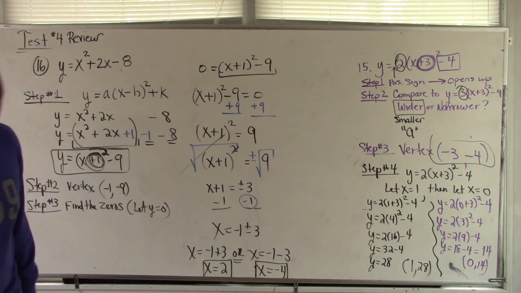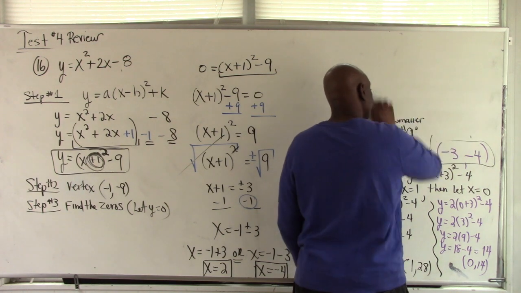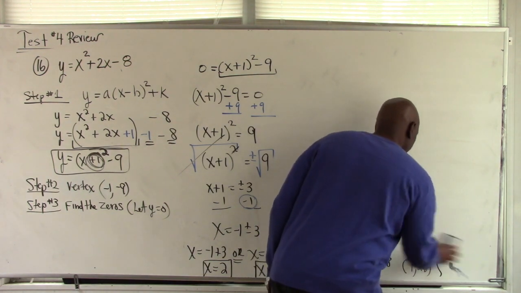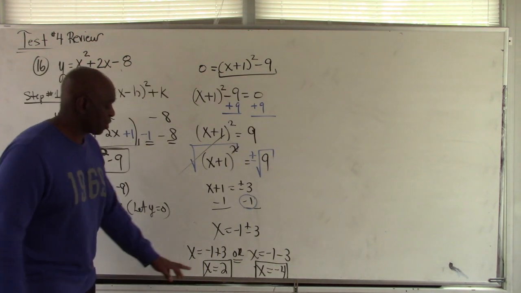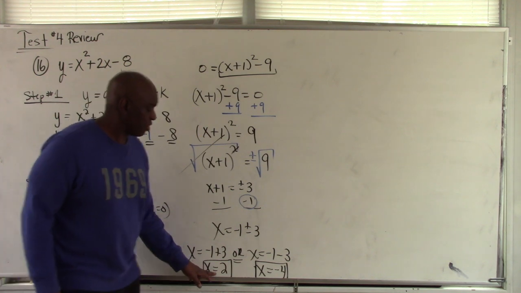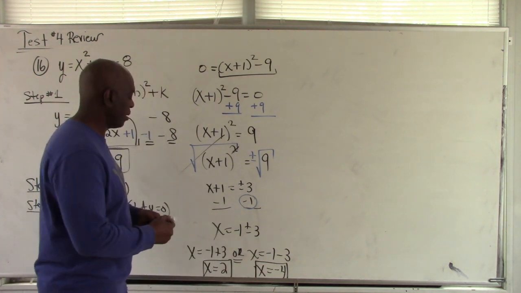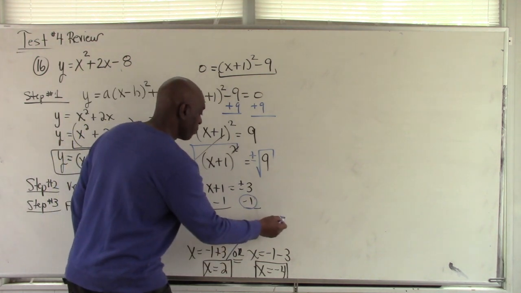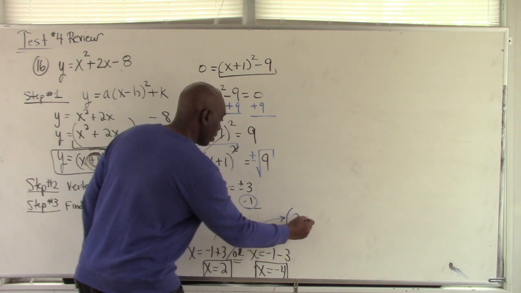So, if we want to find 2 additional points, so here's what this means. We know that zeros occur at 2 and zeros occur at negative 4. So if I write it as a coordinate point, here we go. When x equals 2, y is 0.